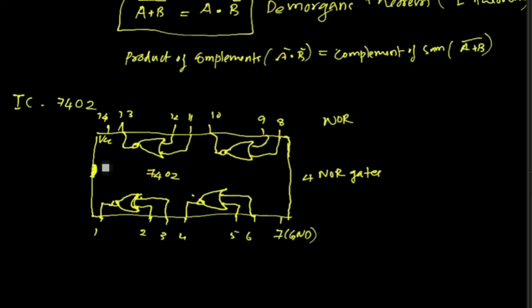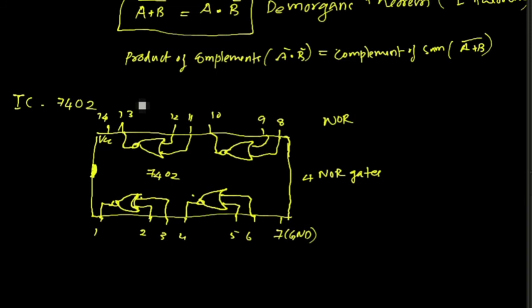So that's all about the NOR gate, and from the NOR gate we can form all other fundamental gates that we will discuss later. So remember here that a NOR gate is equivalent to a bubbled AND gate.